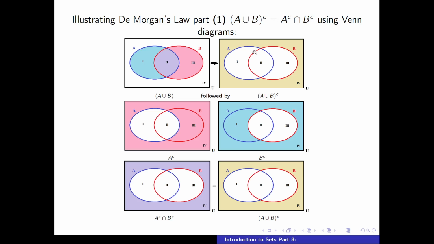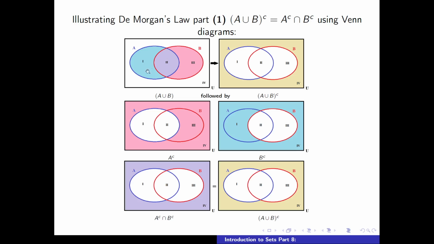Here we're going to illustrate De Morgan's law part 1. We want to show that the complement of A union B is in fact equal to the complement of A intersect the complement of B. First we start with the left-hand side. Here's our standard two-set Venn diagram.